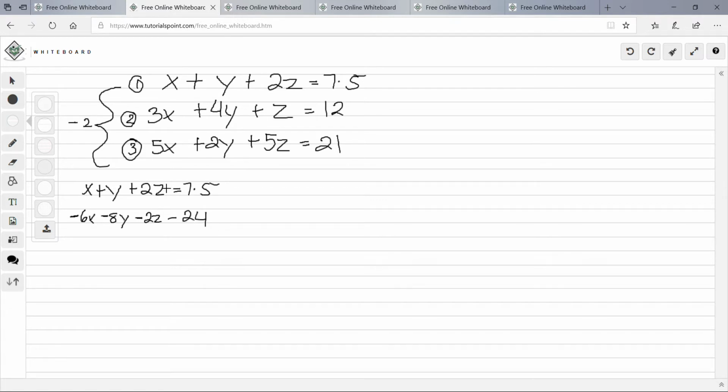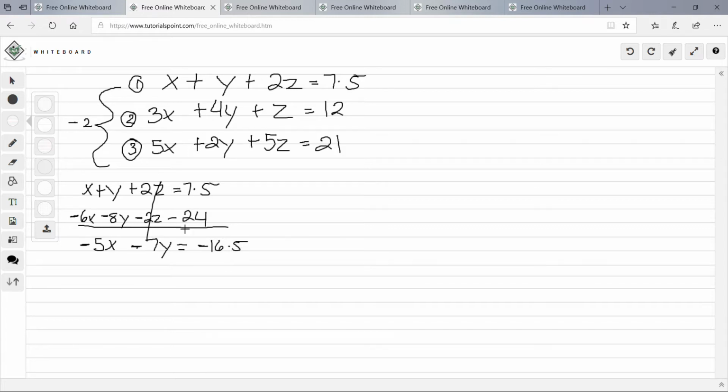Now the z's cancel, right? If you add these two equations, this would give us -5x minus 7y, not zy, minus 7y equals -16.5.